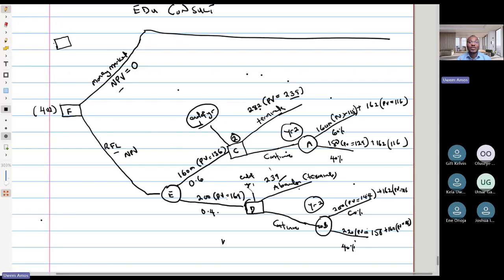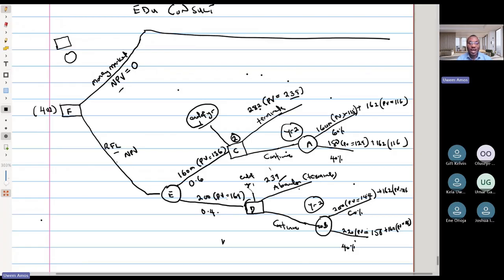You have to decide, should I do this? Should I do that? When you make a decision, the possible outcomes of those decisions are depicted with a circle. So you could see that when you have a square here, it means that we needed to make a decision whether to go with the money market or whether to invest the money in RFL.